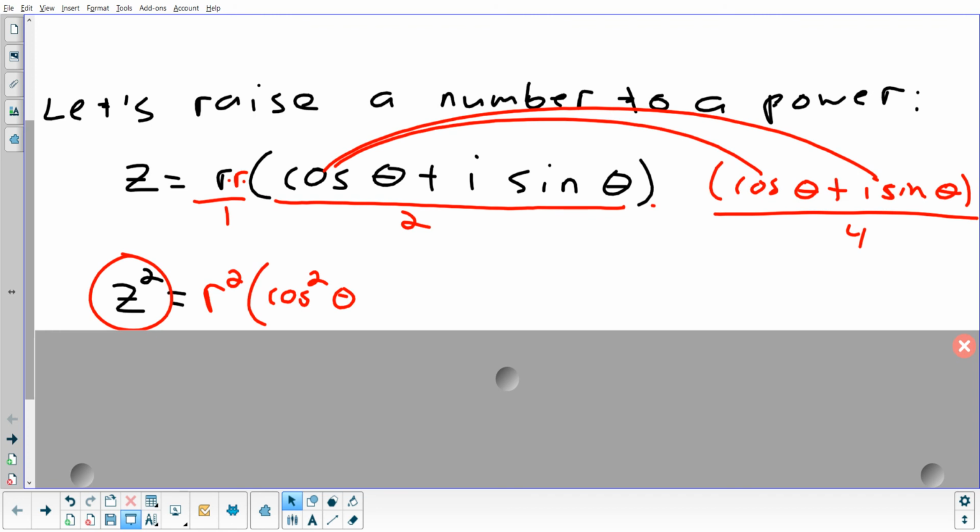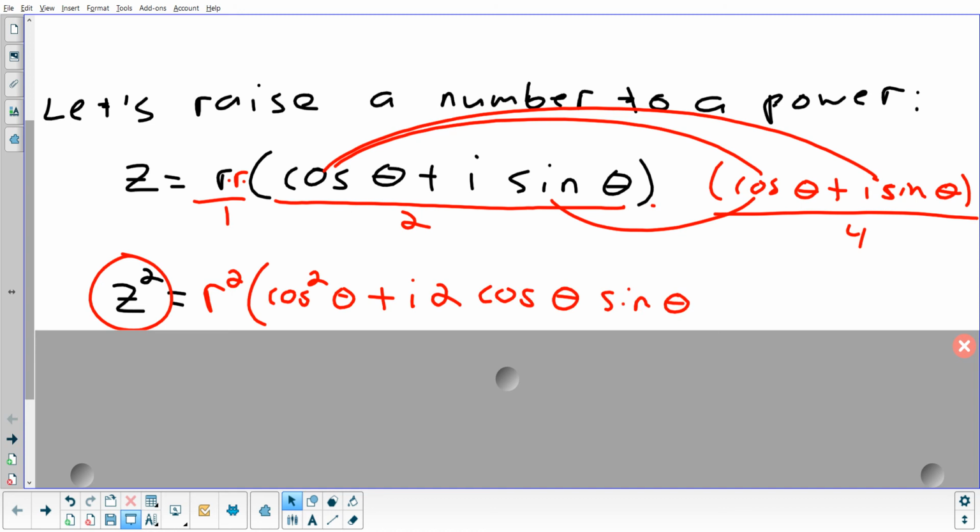Cosine I sine. Just cosine times I sine. And then we have cosine times I sine again. So Brianna, how many of those cosine times I sines do we have? 2. So we have 2 of the cosine I sines.